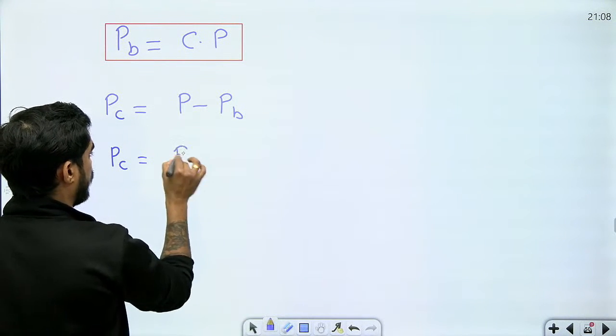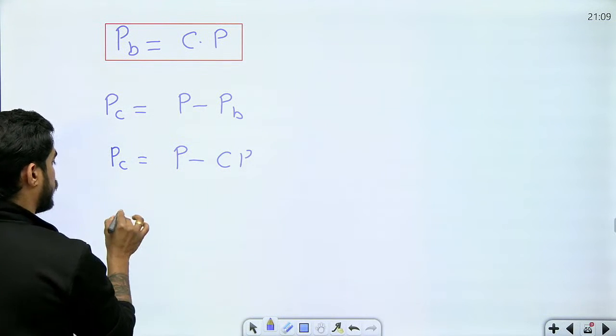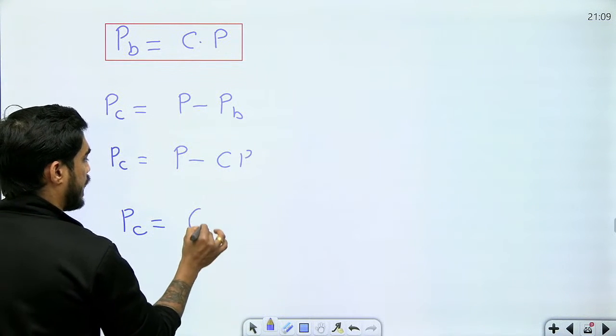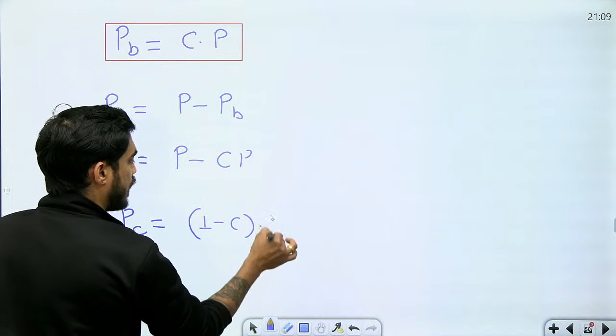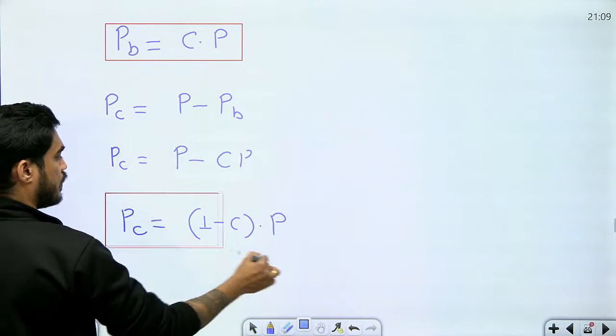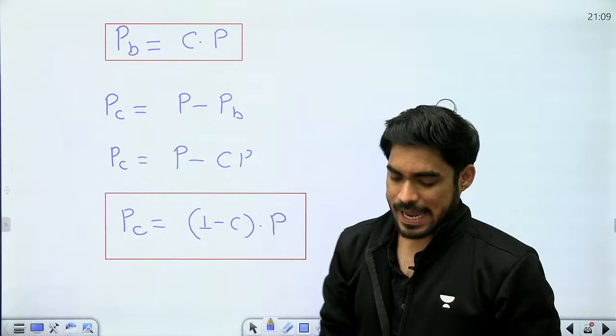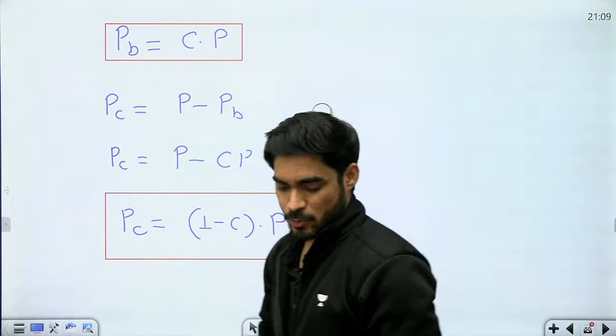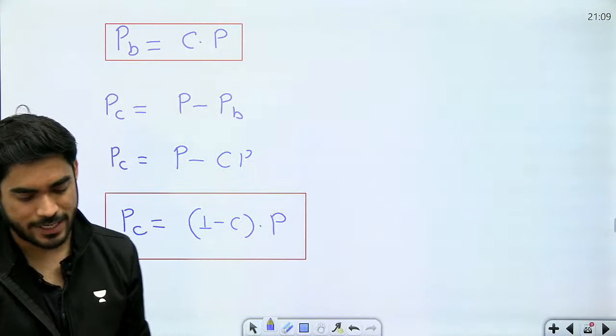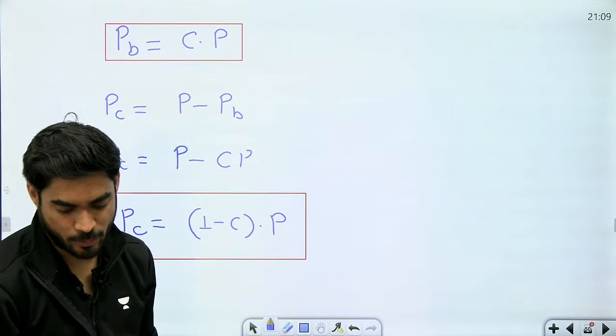This is P minus CP. So what will be Pc beta? Can I write it as 1 minus C into P? Yes. So beta, Pb will be C into P and Pc will be 1 minus C into P, right? Pb will be C into P and Pc will be 1 minus C into P.